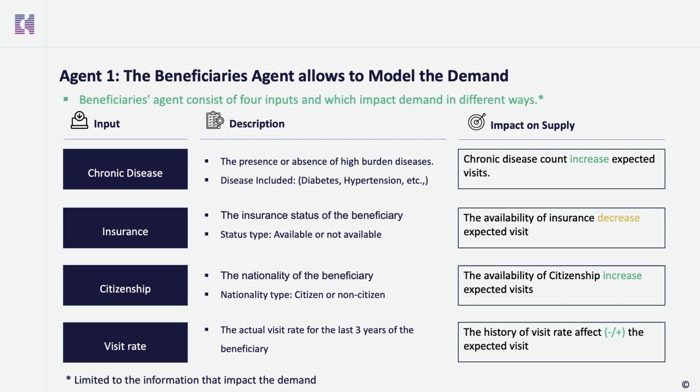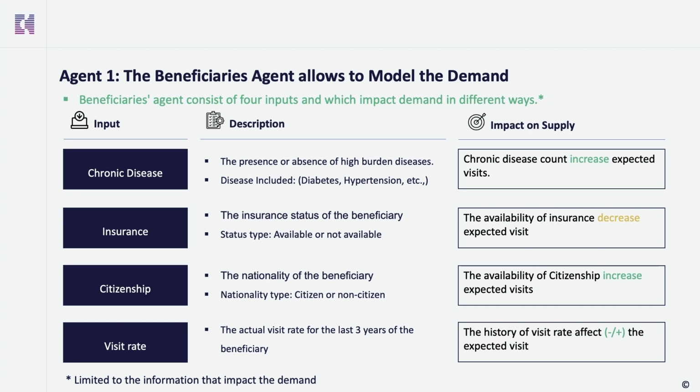The third input is citizenship. It is more likely for citizens to go to primary health care than non-citizens in Saudi Arabia, so citizenship increases the expected visits. And lastly is the visit rate.